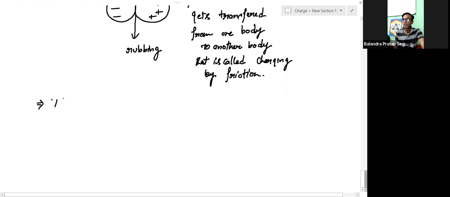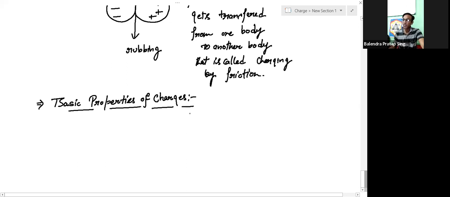So now next is basic properties of charges. What are the basic properties of charges? There are three basic properties of charges.